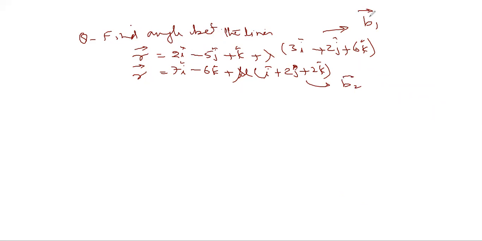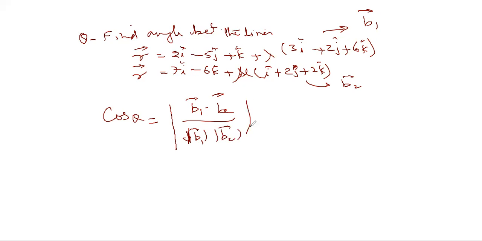There is no role of A here, only B1 and B2. So cos theta is equal to B1 dot B2 upon magnitude of B1 times magnitude of B2.